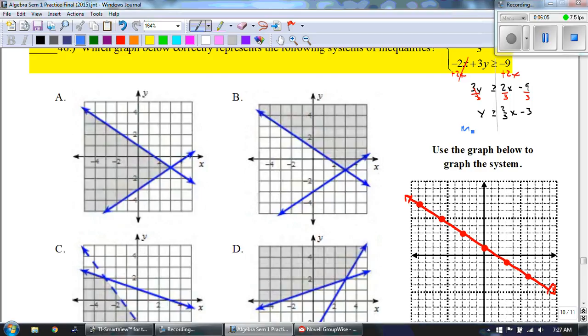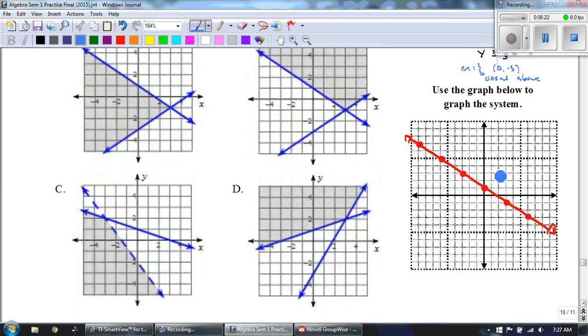So my slope is 2/3. I'm starting at 0, -3, and I am closed, and this is going to be above. So at 0, -3, I go up 2 over 3, up 2 over 3, up 2 over 3, and I'm doing that in both directions again.